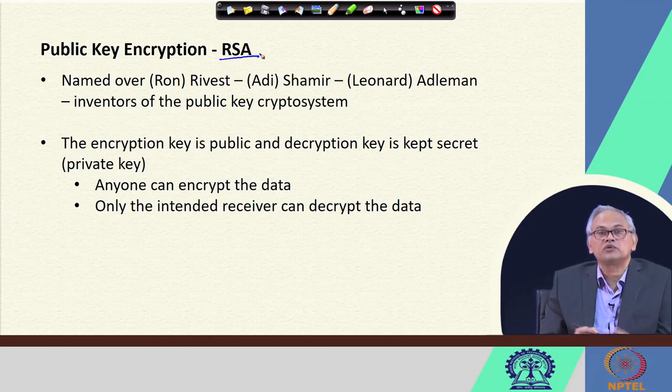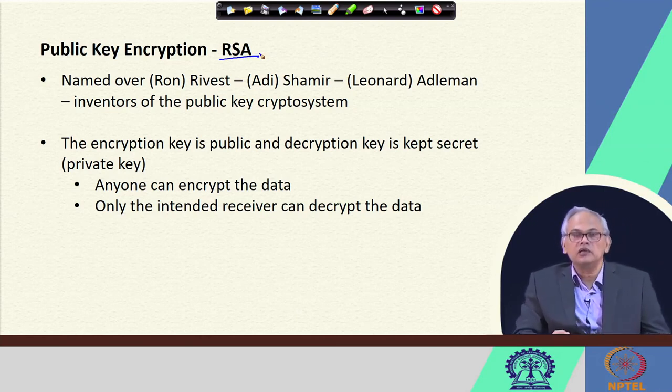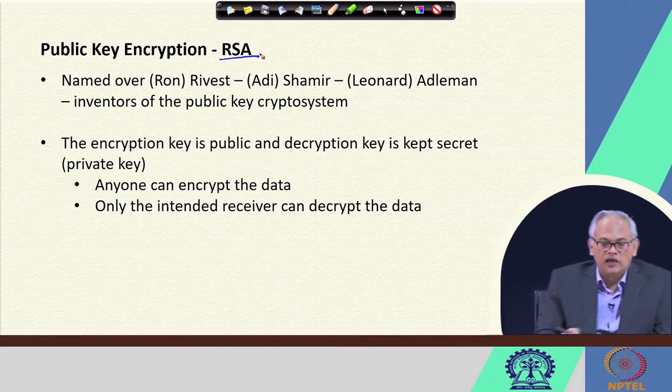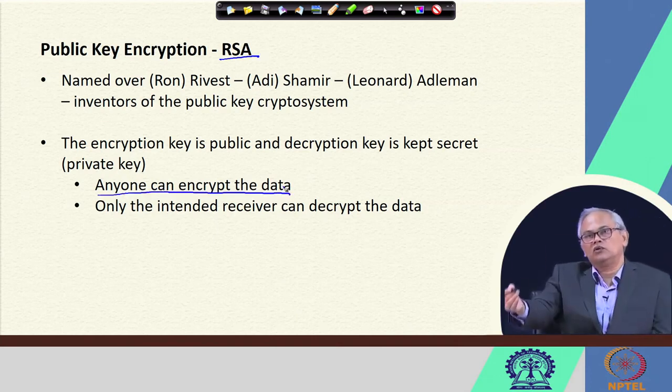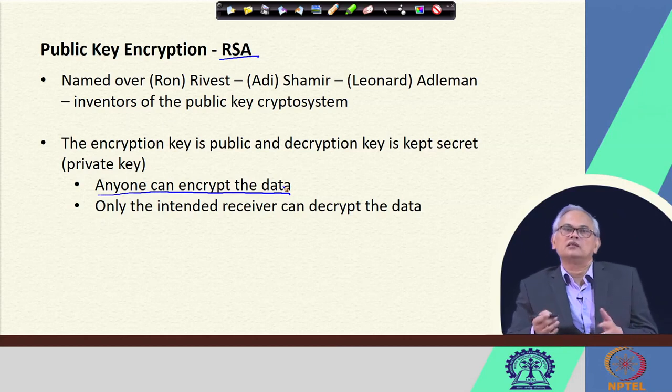And the encryption key is public. So, that public key is the encryption key, and the decryption key, which is the private key, will be kept secret, and anyone can encrypt data. So, it was Alice who was sending to Bob, but if Tom wants to send it to Bob, Tom will again be using the public key of Bob to send the data.